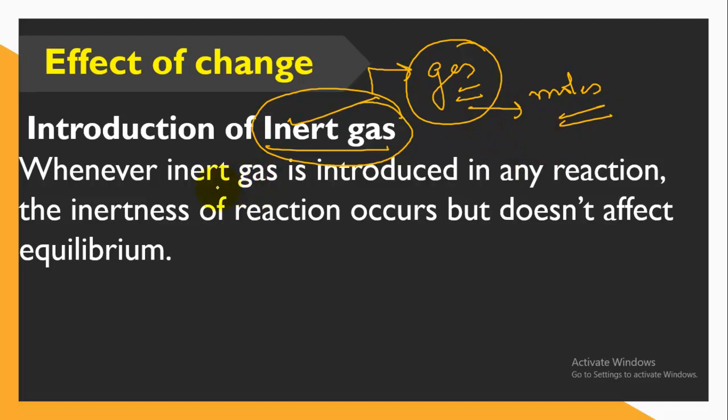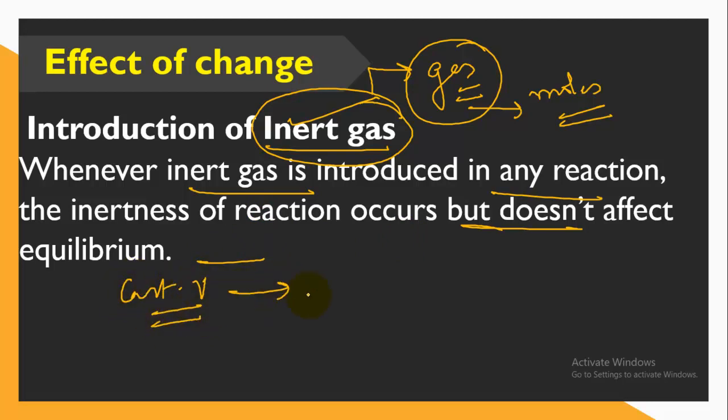So whenever we introduce inert gas to any reaction, what happens? It doesn't affect the equilibrium. If we introduce an inert gas at constant volume, the volume is not going to change, which means moles per liter in that given reaction is going to remain the same.